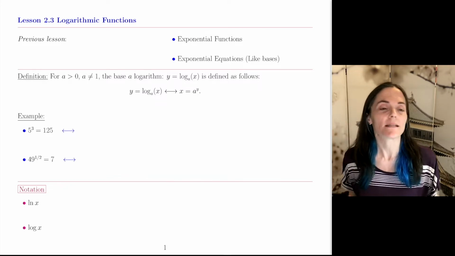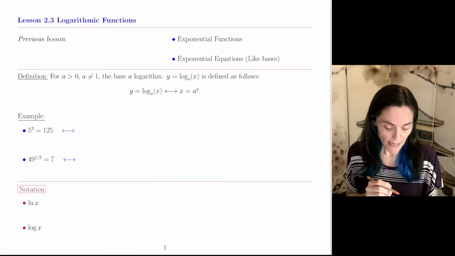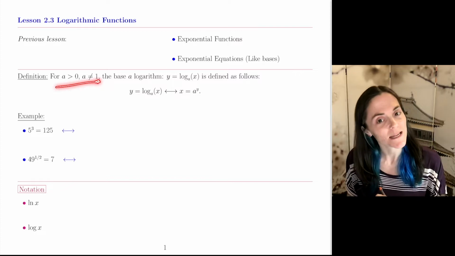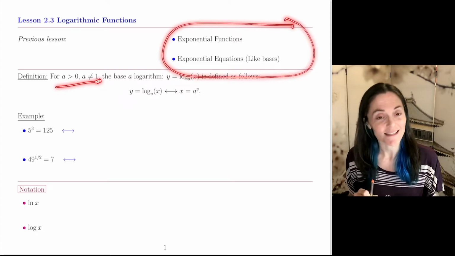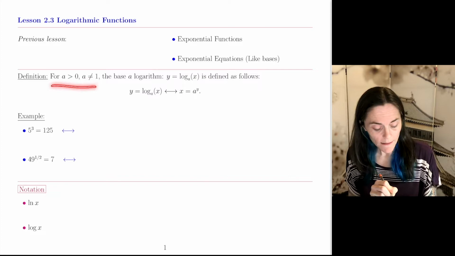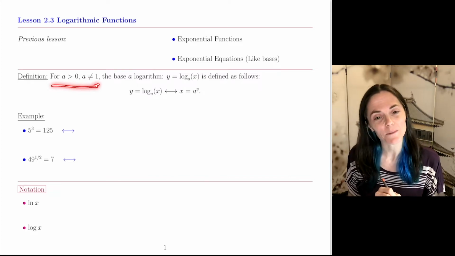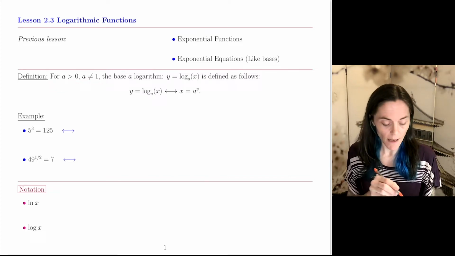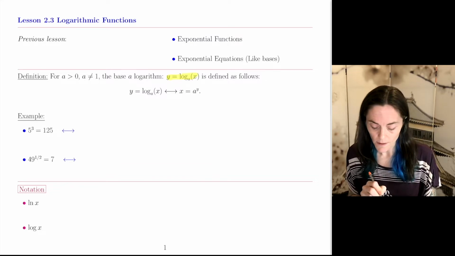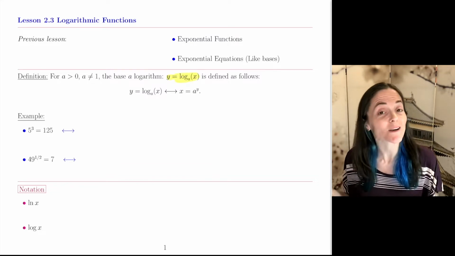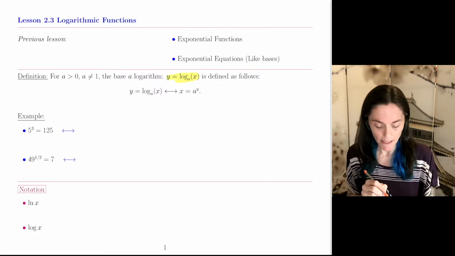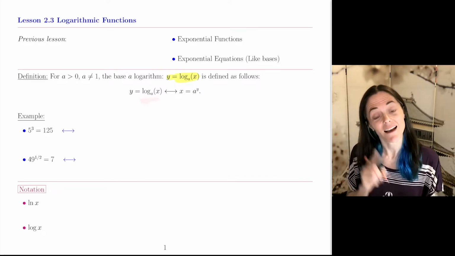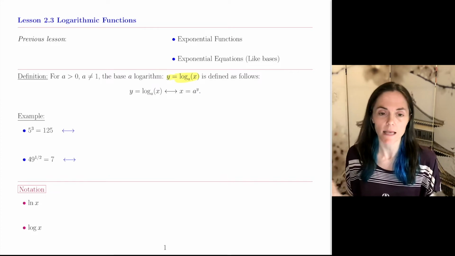We begin with a definition of base a logarithm. Just like with the exponential functions, which we discussed last time, we need base a to be positive and not equal to 1. And then we can define the base a logarithm as follows. It's really equivalent to an exponential equation: y is the log base a of x if and only if x is a to the y.